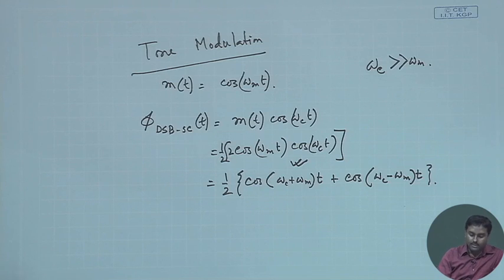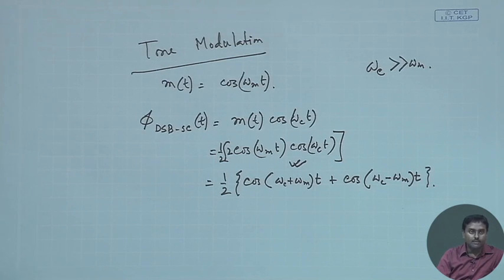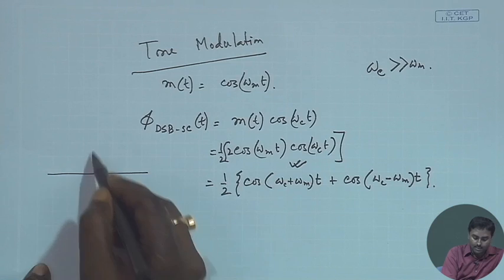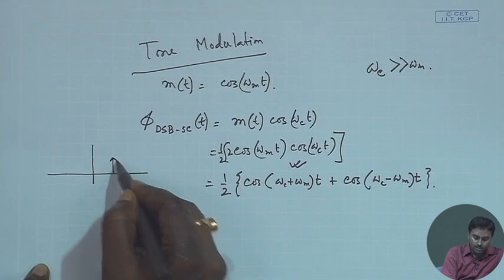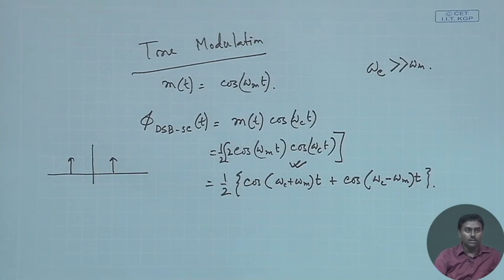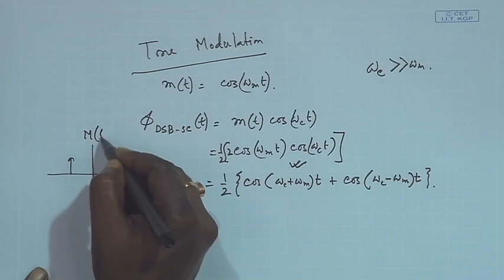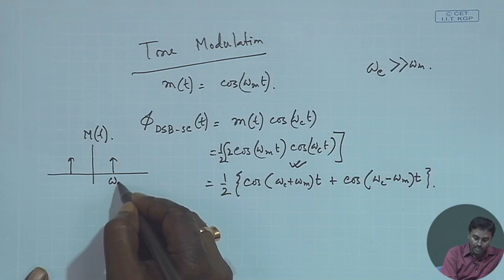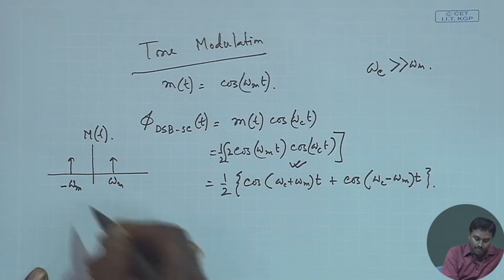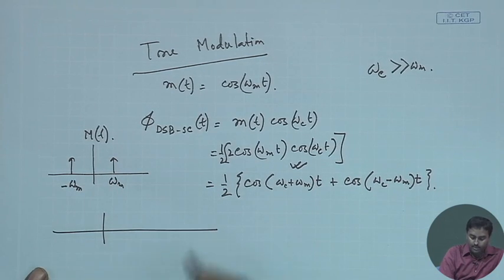If you just try to see in the spectrum what is happening, our modulating signal, that was sinusoidal or a cos. We have already said that cos in the frequency domain can be represented as 2 delta functions. So if I put this as M(f), this is at omega m, this is at minus omega m. Whenever we modulate, there are 2 cosines now, one at omega c plus omega m.